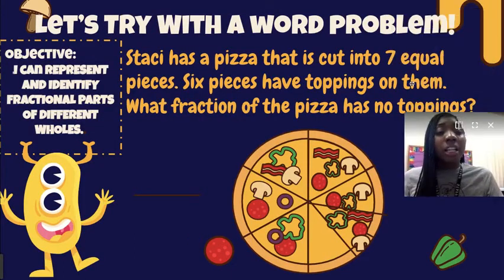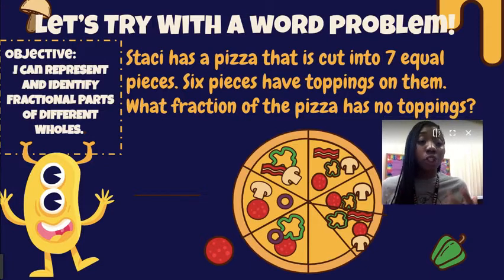Now let's try to solve this with a word problem. Remember, the objective is to represent and identify fractional parts of different wholes. We talked about halves, fourths, sixths, and eighths.